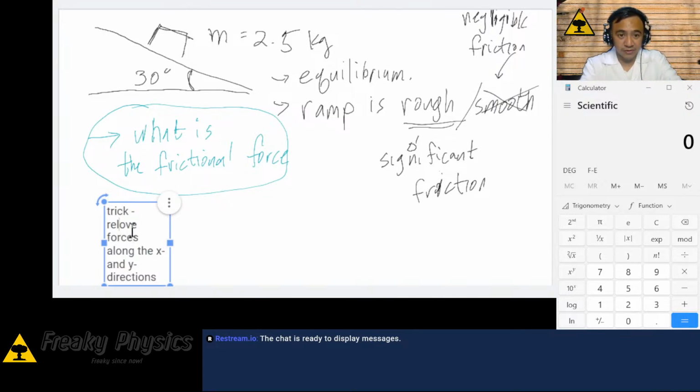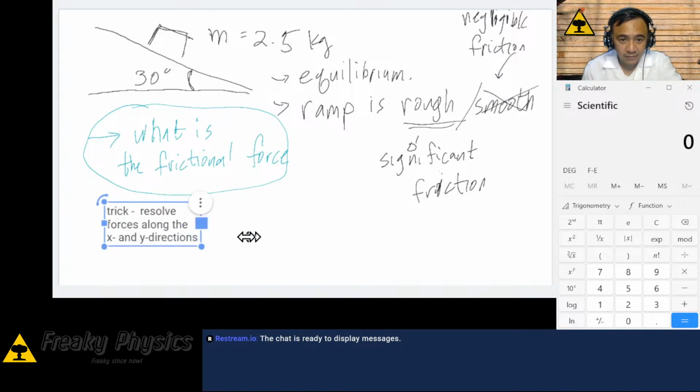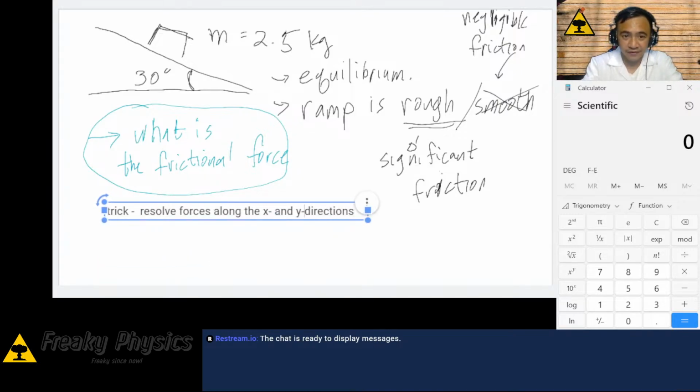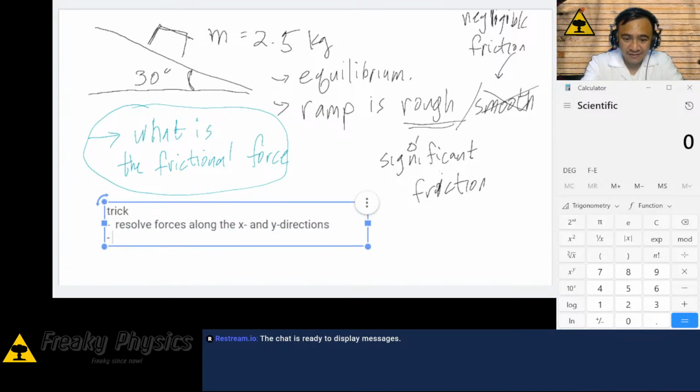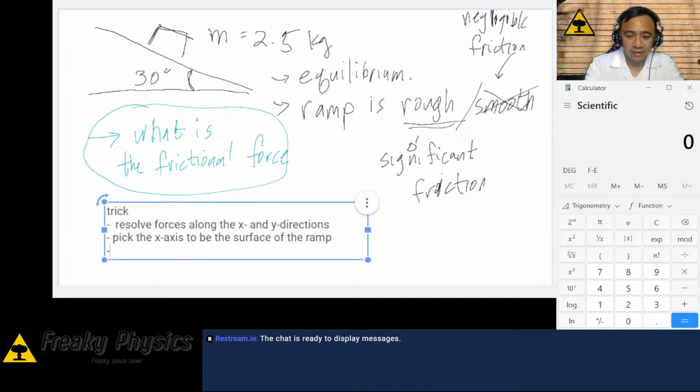The trick with ramp problems, aside from this, the second part of the trick, is you pick the x-axis to be the surface of the ramp, and the y-axis is still perpendicular to the x-axis, i.e. the ramp surface.